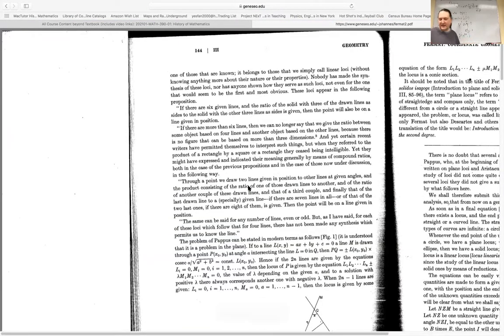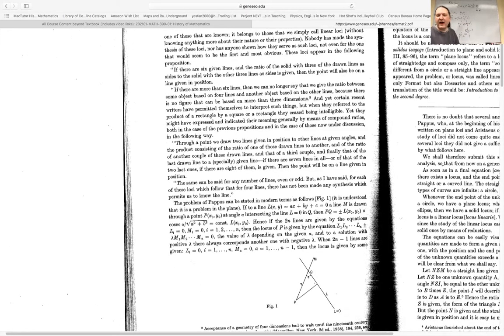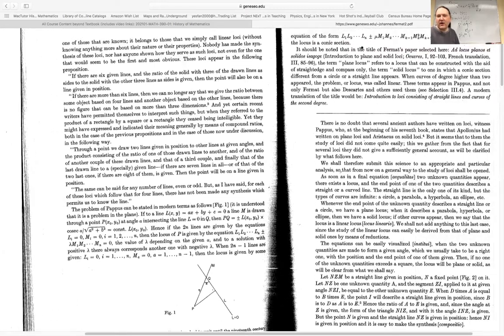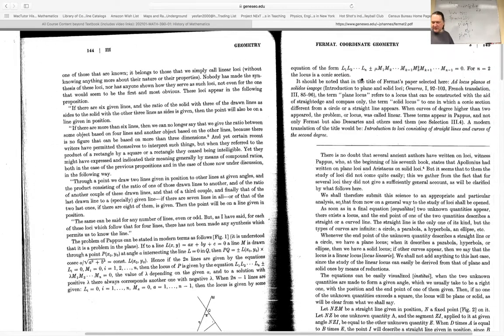Fermat did something else. He did lots of things. He was busy. He did a lot of mathematics for a busy man when he wasn't doing mathematics. One thing he did was introduce coordinates in a way very close to the way that we use them.